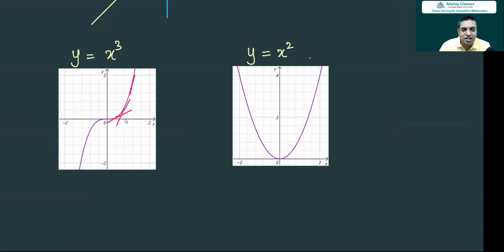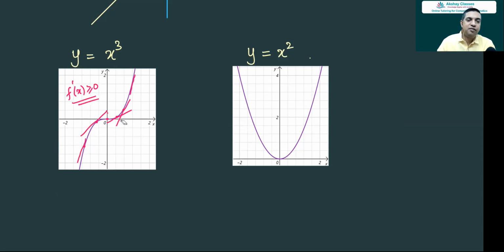That means the inclination of the tangent with the x-axis is acute. So throughout it is positive, except at x equal to 0, where it is 0. So this is satisfied: f dash x is greater than or equal to 0, the slope.